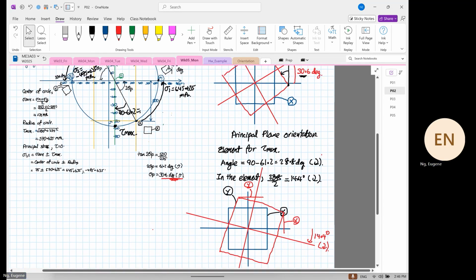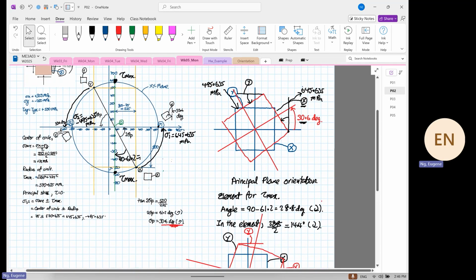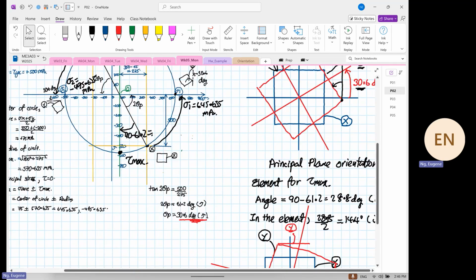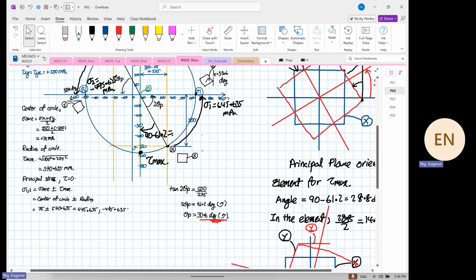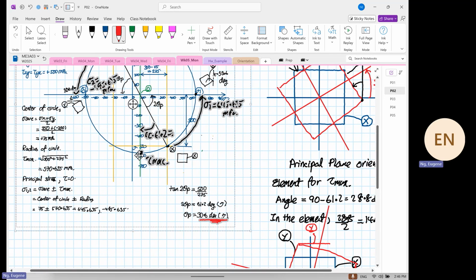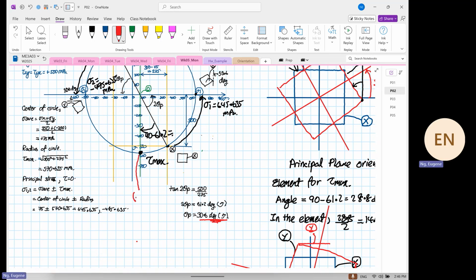If you look at the Mohr circle now, we are aware that at this point, our coordinates are 75, and then the shear over here is minus 570.635.